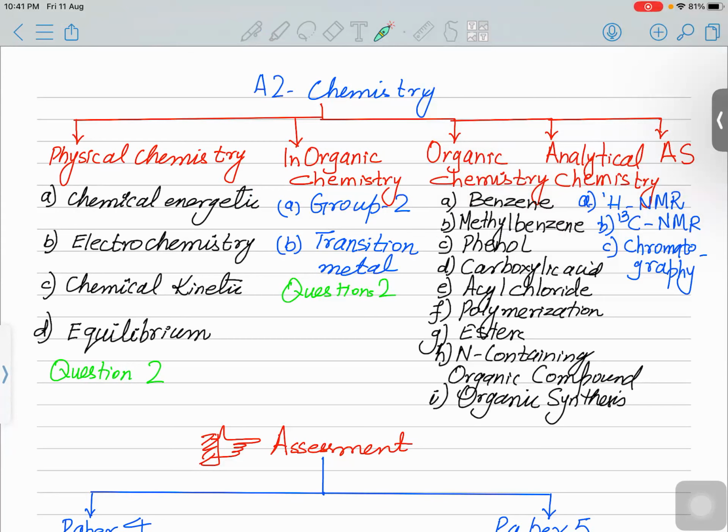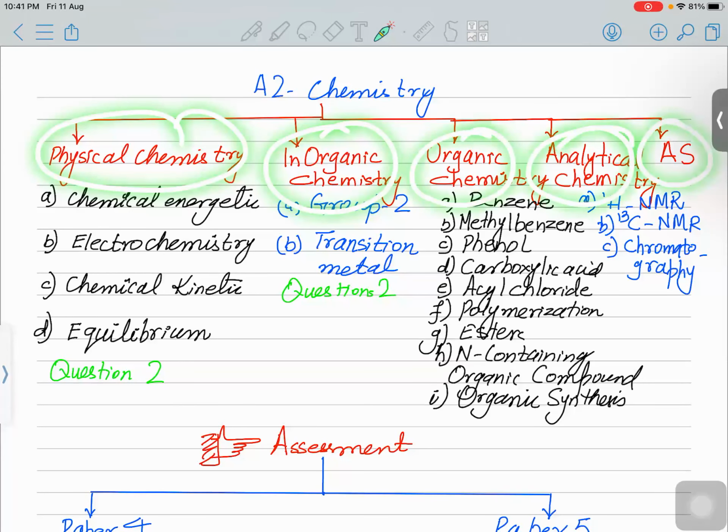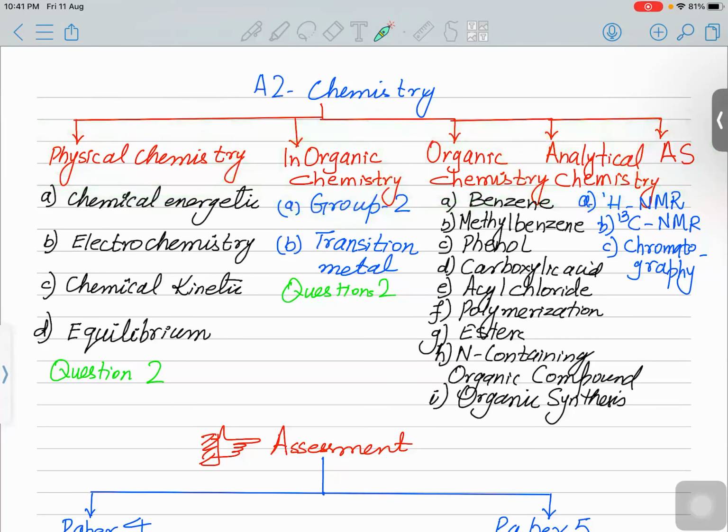Let's suppose this is your first lecture, right? So A2 chemistry consists of 5 sections. First section is physical chemistry, in which we study chemical energetics, electrochemistry, chemical kinetics, and equilibrium. Second section is inorganic chemistry: group 2, transition metals. In organic chemistry, we have different chapters. In analytical chemistry, we have 3 chapters.